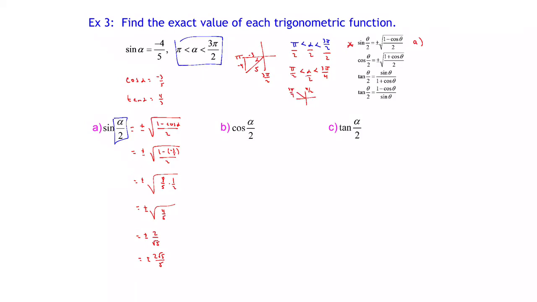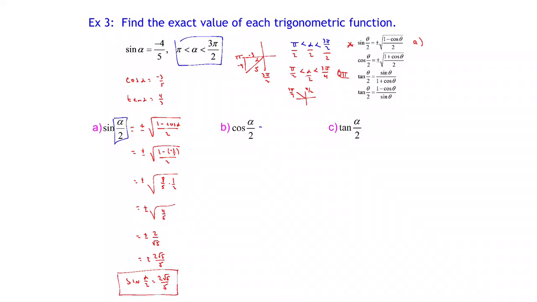So what quadrant is that located in? Quadrant 2. So is sine positive or negative in quadrant 2? Sine would be positive. So therefore, sine of alpha divided by 2 would be a positive 2 square roots of 5 over 5.